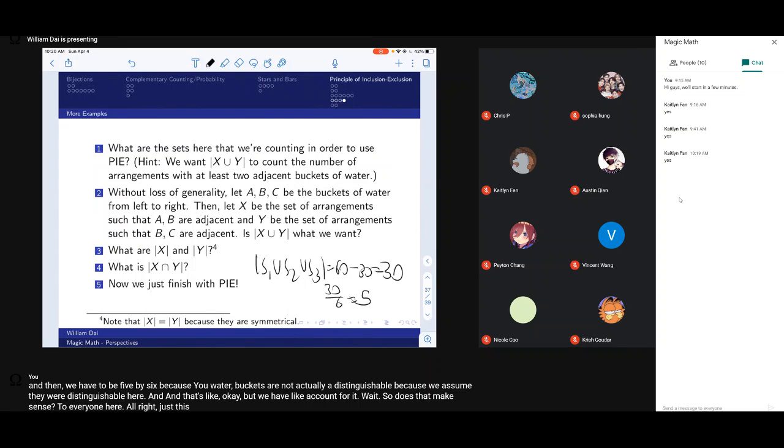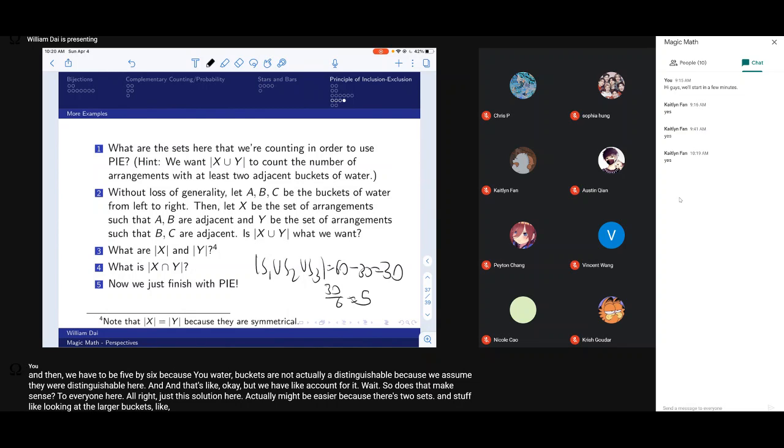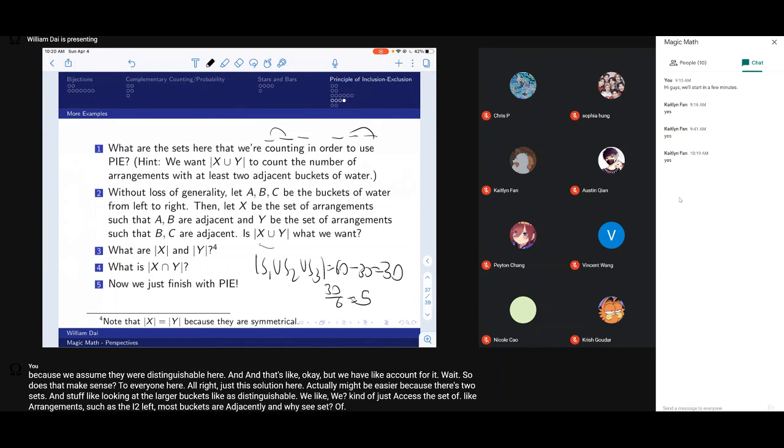This solution here actually might be easier because there's two sets. Instead of looking at the water buckets as distinguishable, we just take X to be the set of arrangements such that the two leftmost buckets are adjacent, and Y is the set of arrangements such that the two rightmost are adjacent.